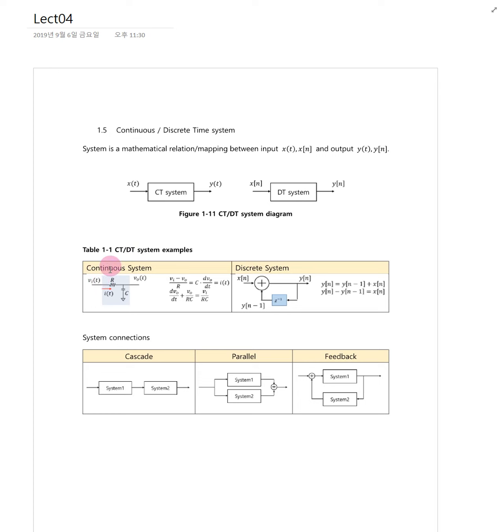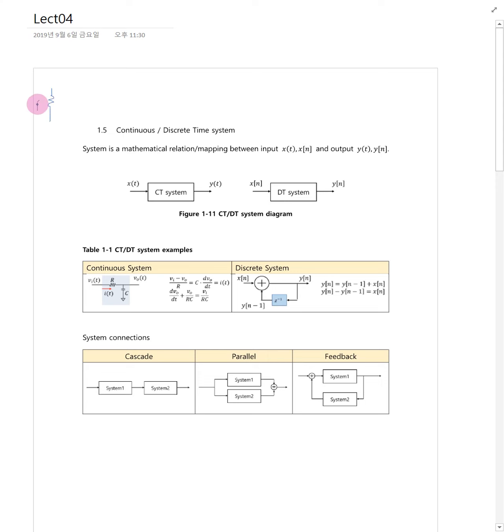I assume that you may know the terminal characteristics of a resistor and a capacitor. I would like to briefly explain what a resistor is and what a capacitor is. You may know Ohm's law. Ohm's law describes the behavior of a resistor.